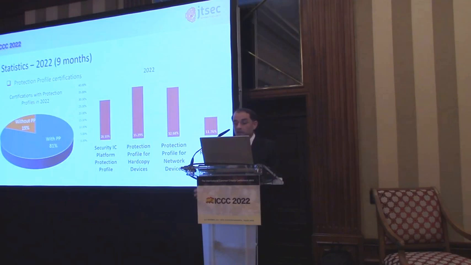And in the second chart on the right, you will find the most used protection profiles in 2022. The most used PP during this year was the protection profile for hard copy devices, with more than 35%.